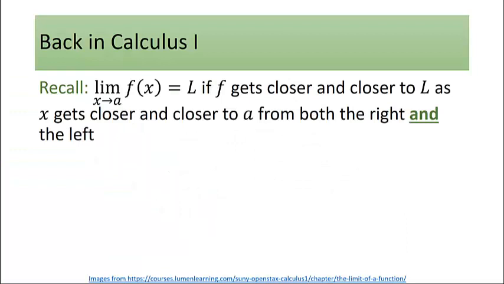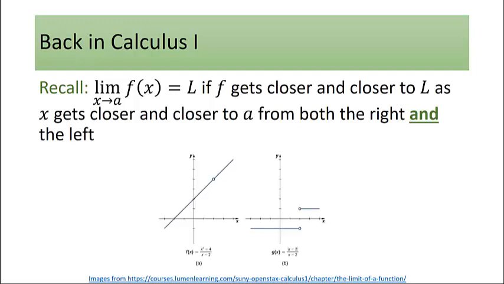First, recall that back in our Calculus 1 days, we said that the limit as x approaches a of a function f(x) is equal to the value L if, essentially, our function is getting closer and closer to the number L as x is getting closer and closer to the value a, approaching from both the right and the left. So here we see two options.